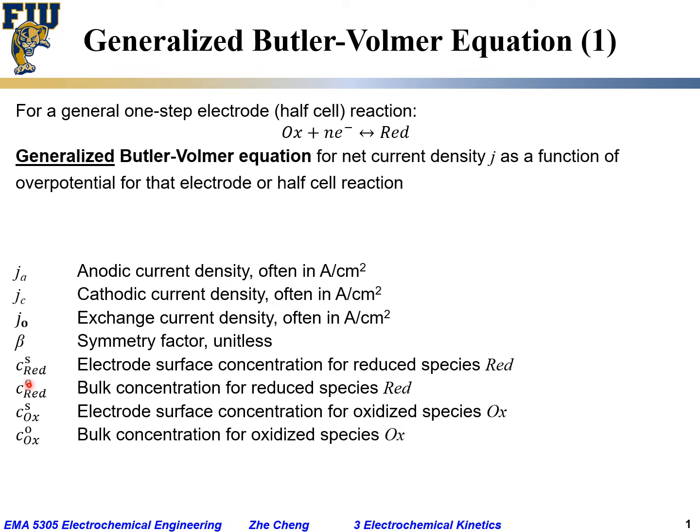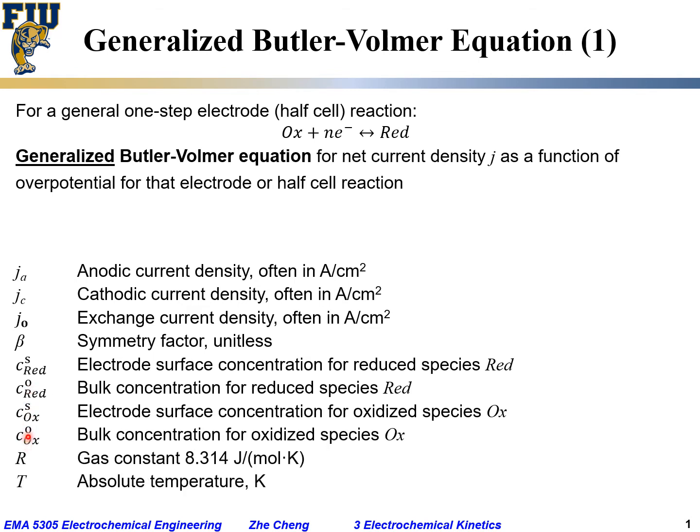CS RED and C0 RED are the surface and the bulk concentration for the reduced species. RED again is for reduced species, C for concentration, S for surface, and 0 or naught for bulk, or deep within the electrochemical system.